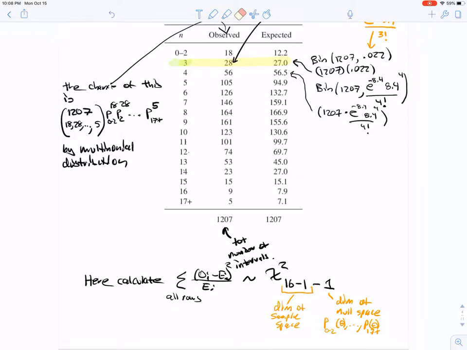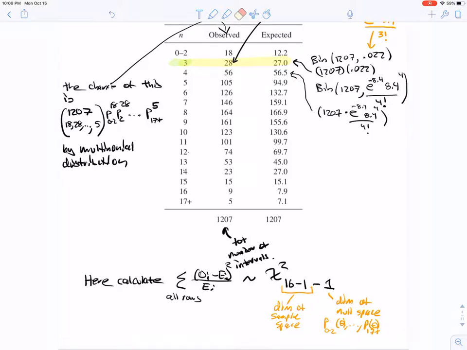This is a test of how good our model is, and that will follow a chi-square distribution. It's actually going to be 16 minus 1 minus another 1 degrees of freedom. 16 minus 1 is because our sample space is 16 dimensional. We have p2 out to p17. Those are free parameters, except that when you add them, it has to be 1, so you lose 1 degree of freedom there.